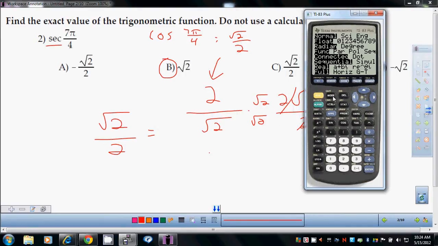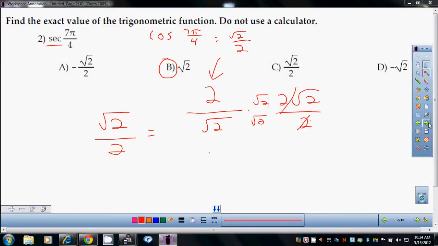It only matters what mode you're in if you're actually using a trig function, which we are. We're going to use cosine. So you need to make sure in radian. So you could have done 1 divided by cosine 7 pi over 4. Bang. Which, if you punch in all the answers, would be square root of 2. Very good. Other questions on this one?